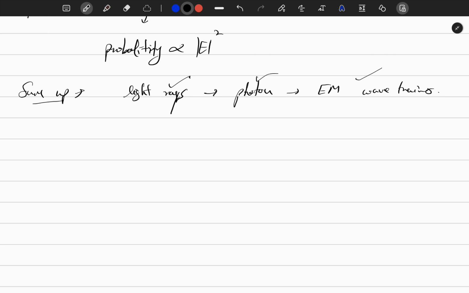When light is reflected or refracted by optical elements such as lenses, we mostly use ray description. Okay, and when the light propagates through space or any medium, we use the electromagnetic wave description. Whenever the light interacts with matter, we make use of photon description. So this is all about light.